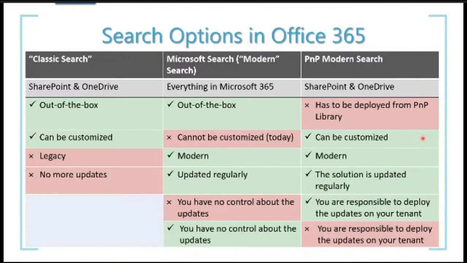So if you see something or if you find something, then you can let them know, and they are going to respond. They are going to fix it very soon if this is a bug. And again, it might be good or bad, but it is your responsibility to deploy the solution to your tenant.